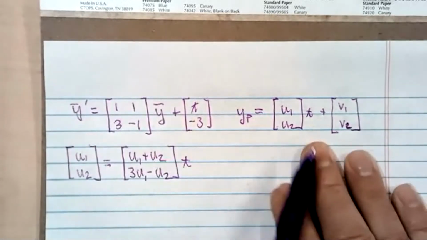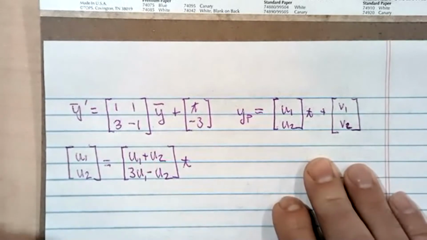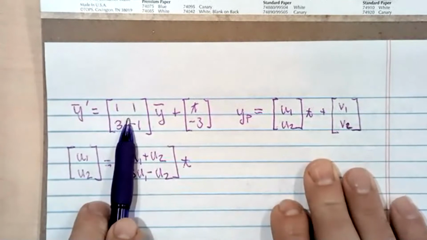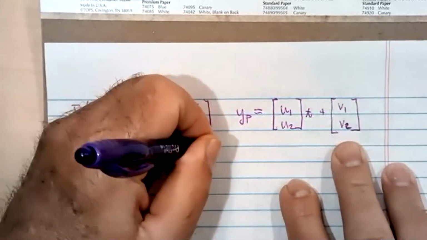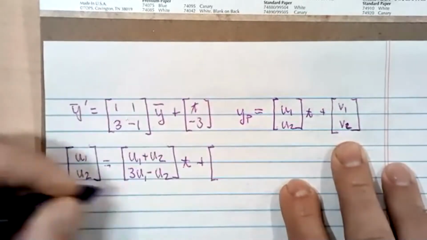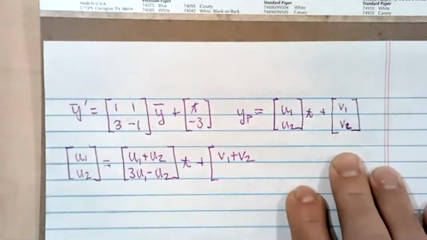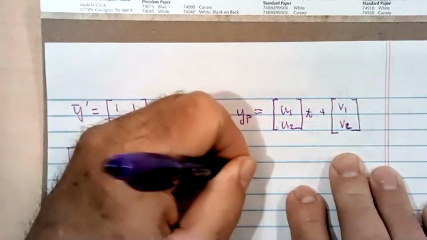It's just a constant multiple, scalar multiple of this vector. And let's leave it on the outside. It'll be easier to keep track of. And then when I take the matrix times that constant vector, I'll get this vector, v1 plus v2, and 3v1 minus v2.